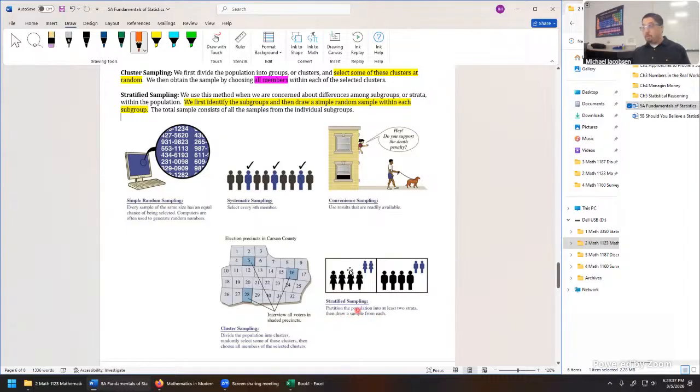It says draw a sample, but we want to use a random sample, probably a simple random sample as our author indicated, from each stratum, each subgroup amongst the population, like male versus female, or class level for thinking of ISU students. So that's cluster versus stratified sampling. The highlighting is trying to convey the difference between the two, but I stole this graphic right out of our textbook because I think it does a great job as well.